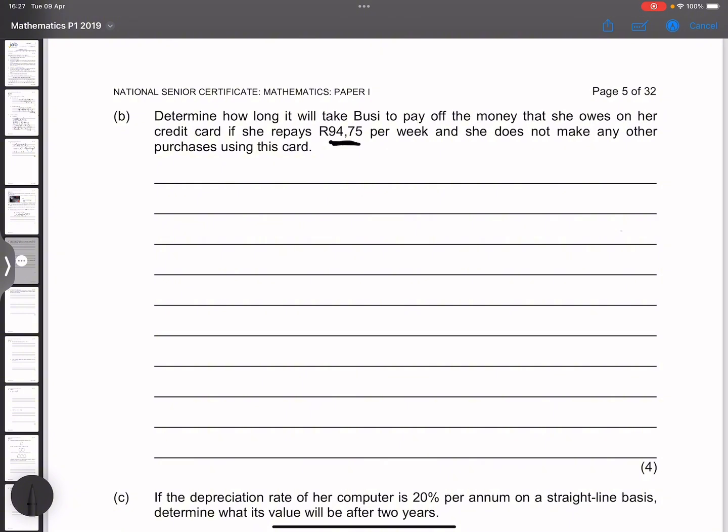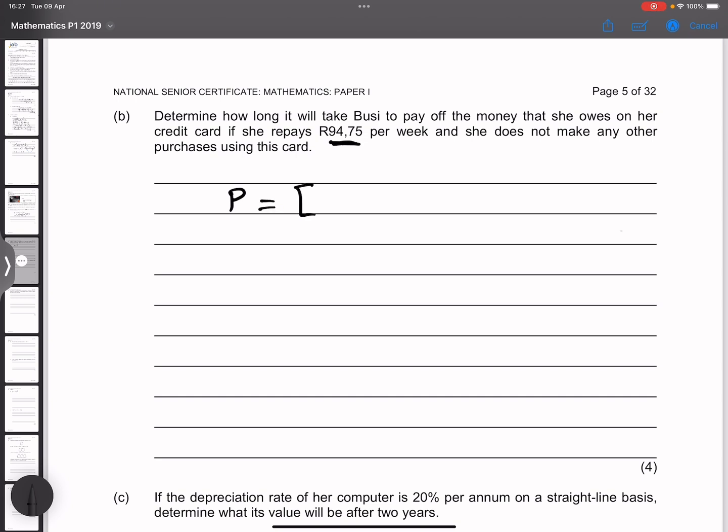This is definitely looking at the amount of money that she owes, right? So we're going to say, we know that the present value, actually let's write down the formula.